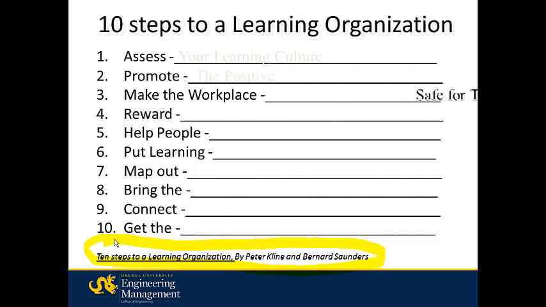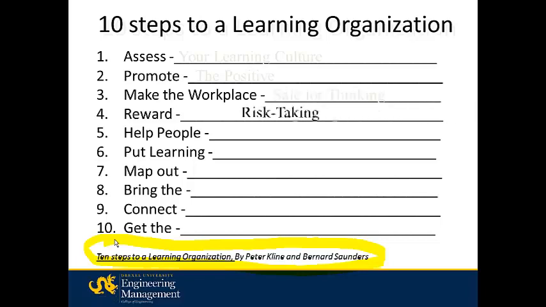The third one is make the workplace safe for thinking. Safe for thinking means that you can take risks and you can be rewarded and recognized for those. This removes the chance for mediocrity in performance and helps sustain long-term growth for an organization.